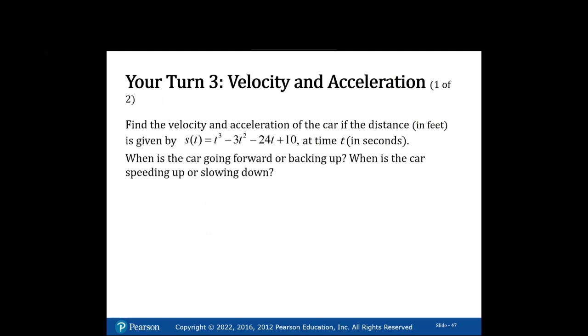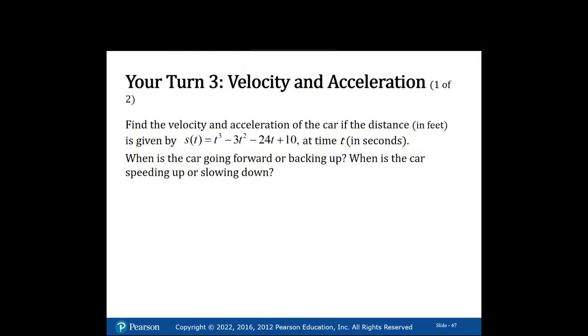Now, remember how we did derivatives, and I was like, hey, guess what? Derivatives are awesome because it tells us velocity. Velocity is just speed, without the absolute value. Well, we can also find the second derivative of a position equation is the acceleration. That tells me, am I speeding up or slowing down, right?